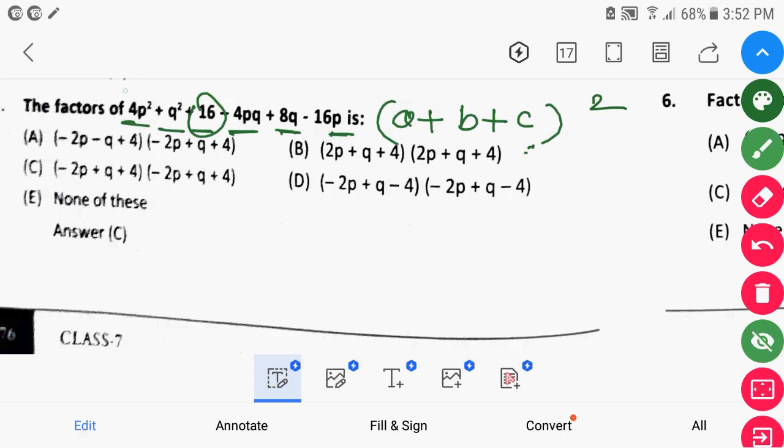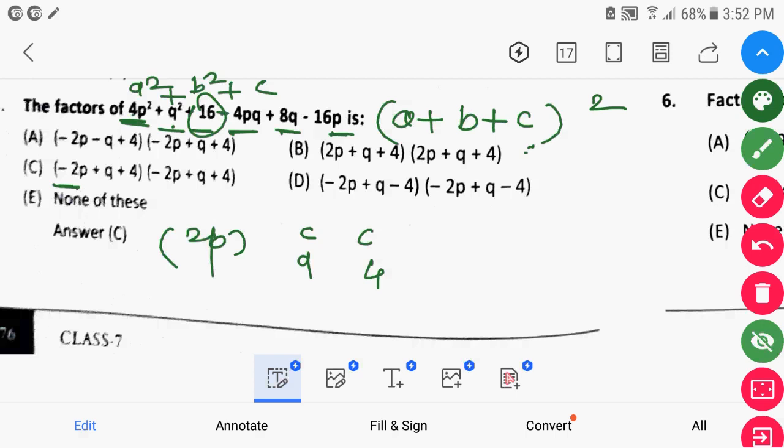So this is a square, this is b square, and this is c square. Now 4p square is there, means what is a? 2p is the a. q square means b is q, and c square means c is 4. Now why is this 2p negative?